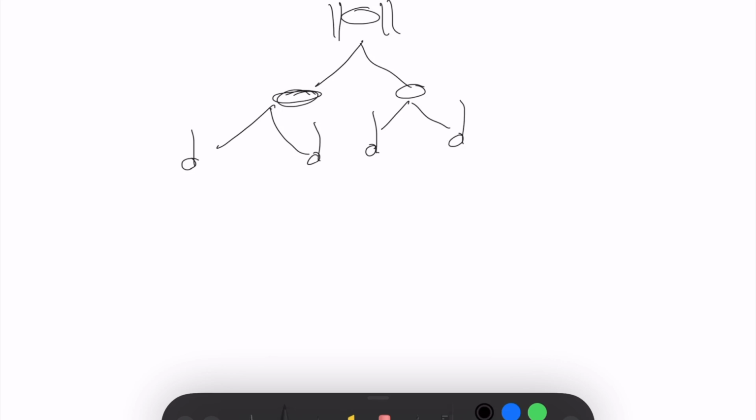Two minims will make 4 crotchets. And so on and so forth.